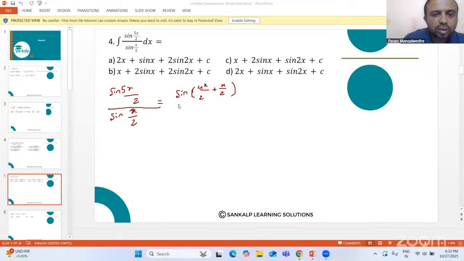So this equals sine of 2x plus x by 2, because 4 and 2 got cancelled, upon sine of x by 2.